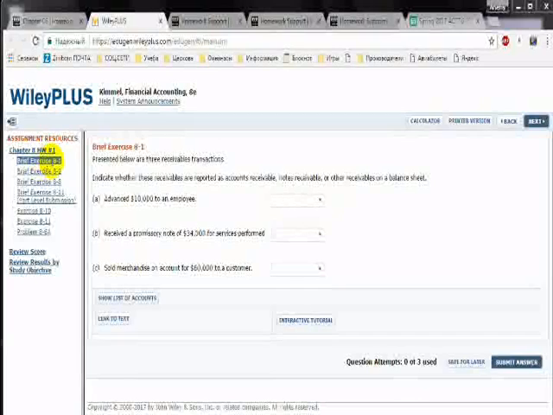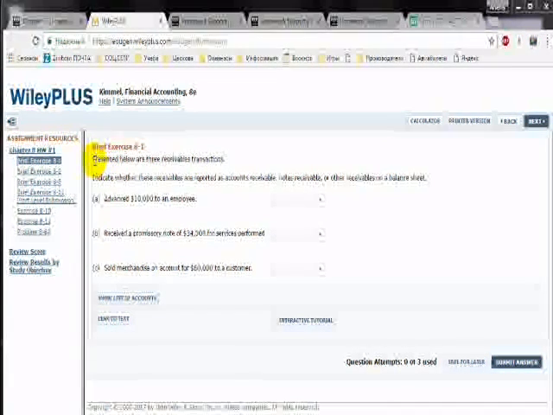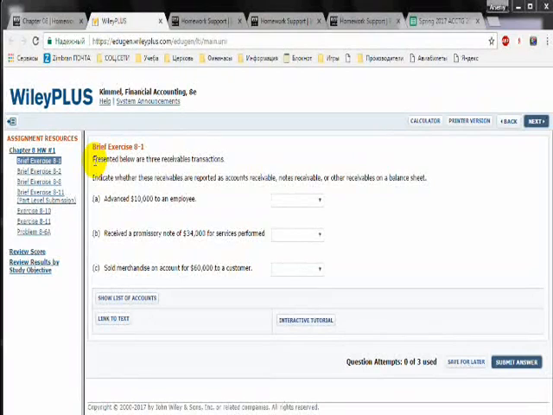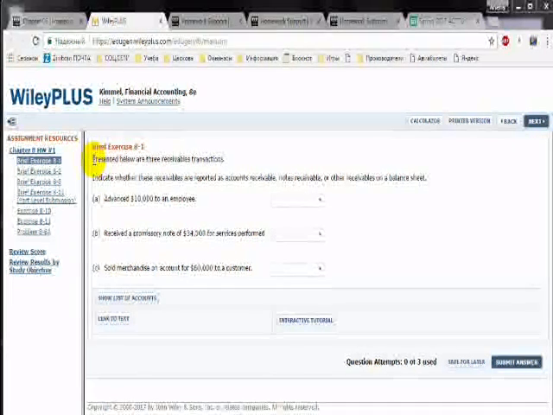Through the brief exercise 8 of chapter 8. First of all, we are deep today into receivables, different types of receivables.